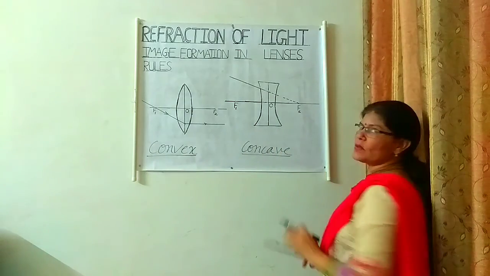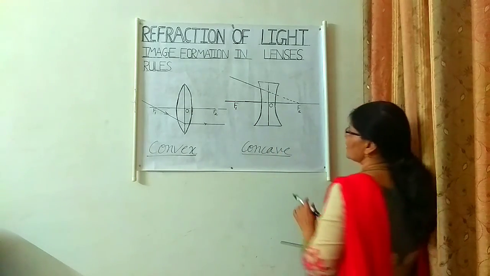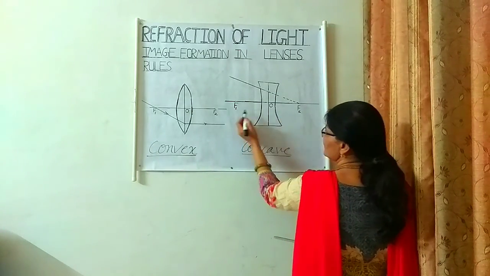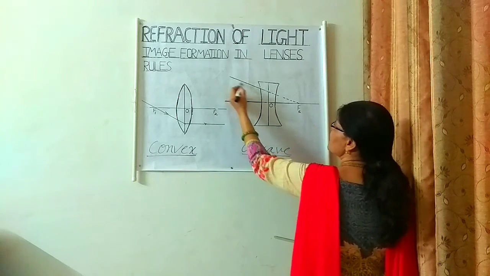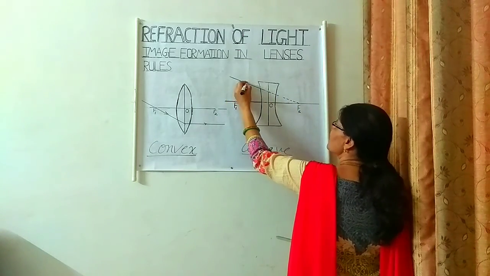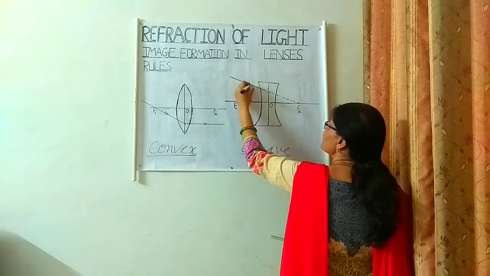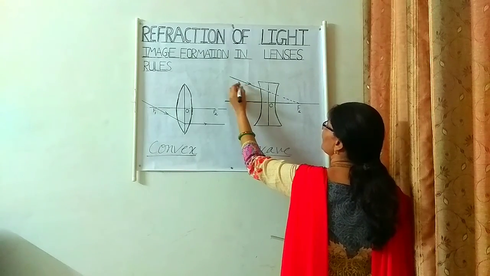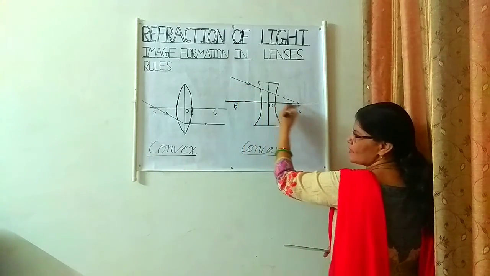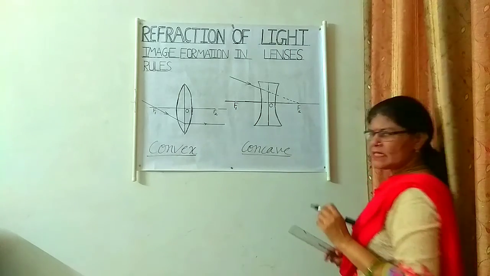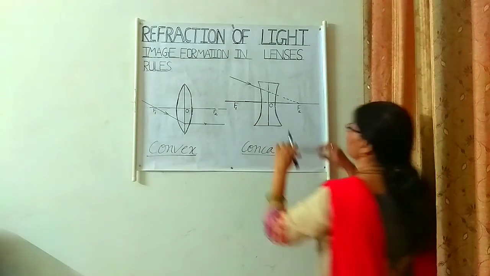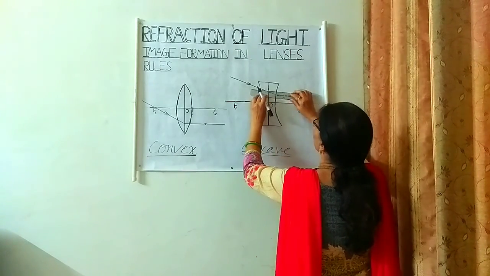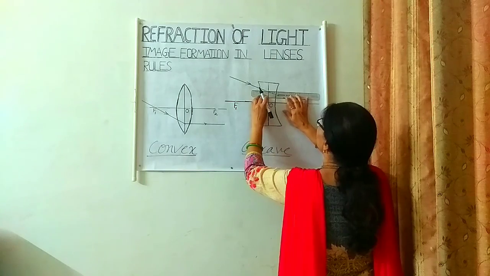Now let us look at the concave lens. For the concave lens, these are the principal focus, F1 and F2. Our incident ray passes through the principal focus, and our arrow should be in this direction. This is the incident ray. When it passes through the principal focus, then the refracted ray will go parallel to the principal axis.